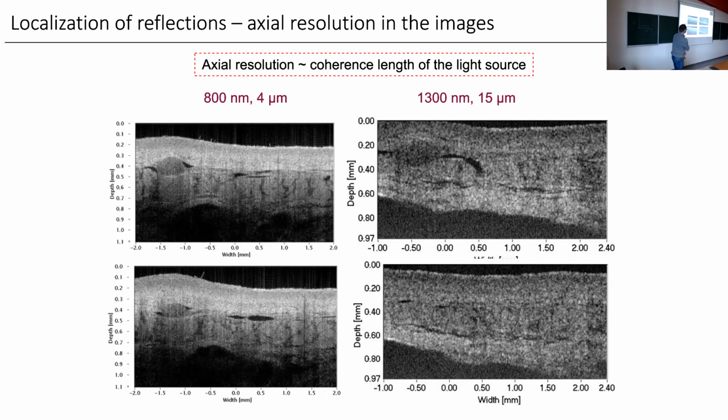That's noted in the graph, but the result is that the coherence length of this light source is 4 micrometers, and the coherence length of this light source is 15 micrometers. This is the same piece of tissue imaged with these two light sources, and you can appreciate that the resolution of the details is better with the 4 micron coherence length than with the 15.